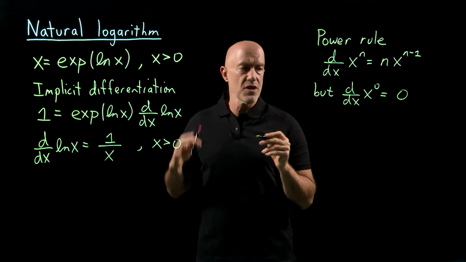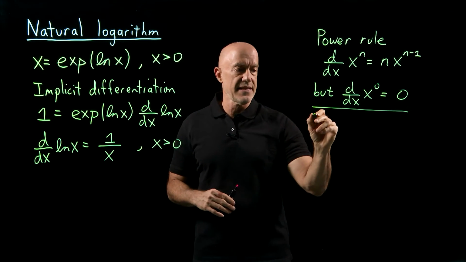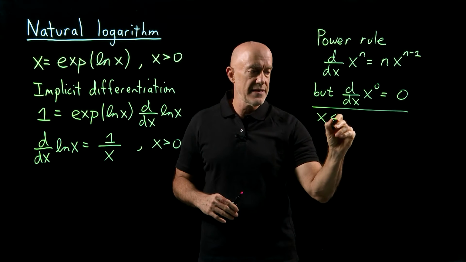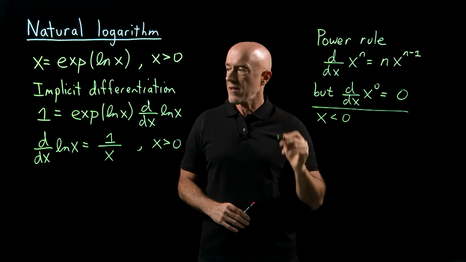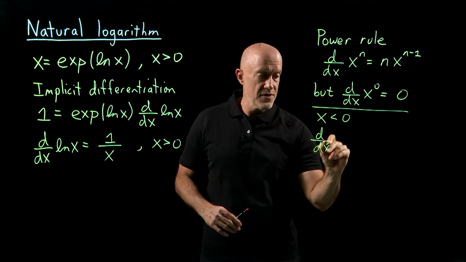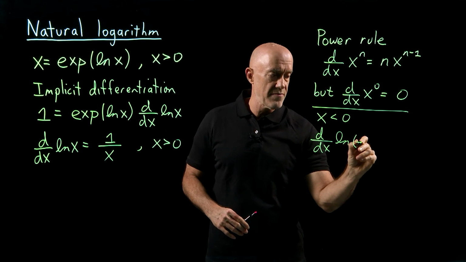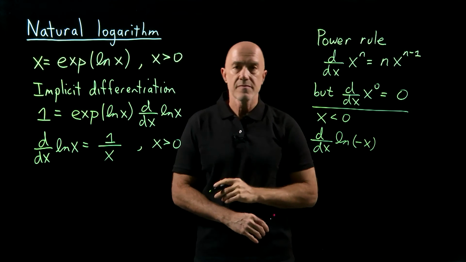Okay, we can generalize this a little bit. We can see what happens when x is negative. So if x is less than 0, then we can look at the derivative of the log of a positive argument, which here would have to be negative x.